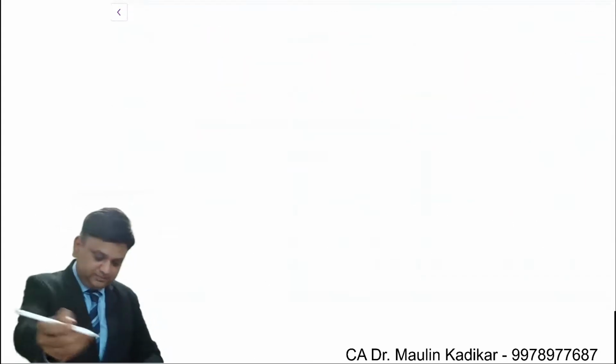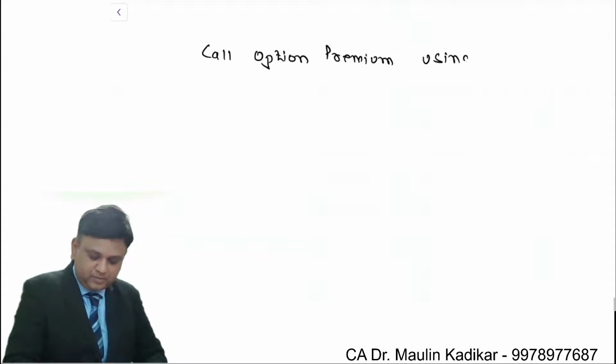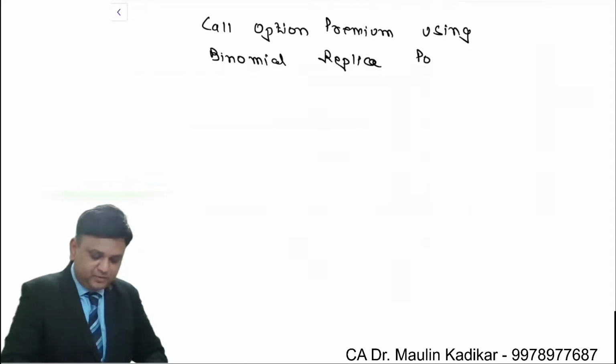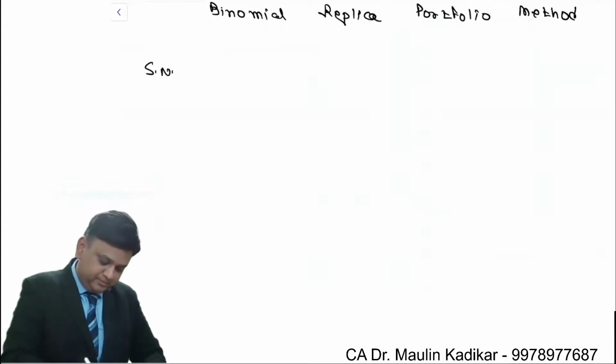So write down the heading: call option premium using the binomial replica portfolio method. Write down step number 1, hedge ratio.